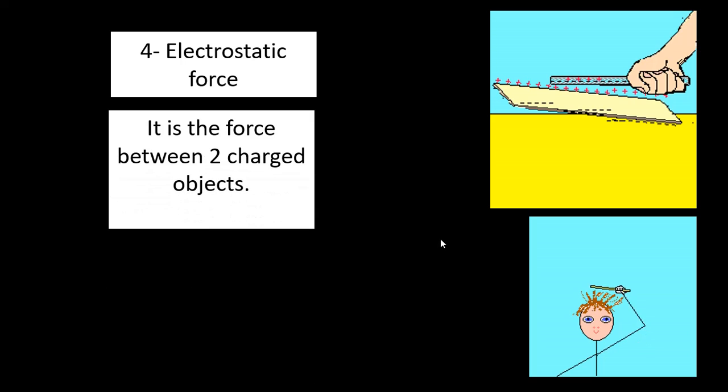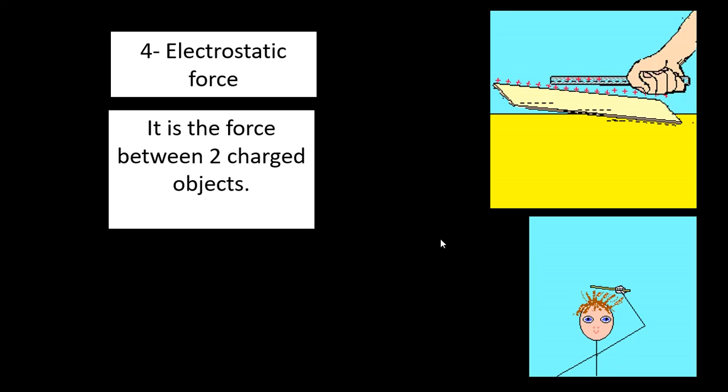Okay, and the fourth type of non-contact force is the electrostatic force. This is the force between charged objects. As we did in this experiment in the classroom, if you rub any plastic or synthetic object, you're going to find that it becomes charged.